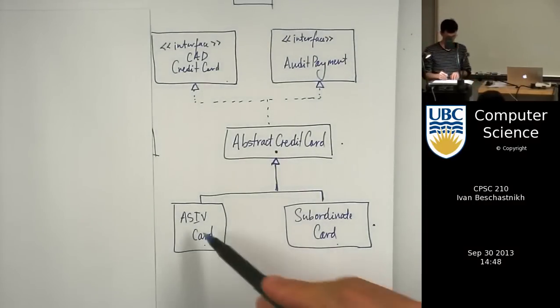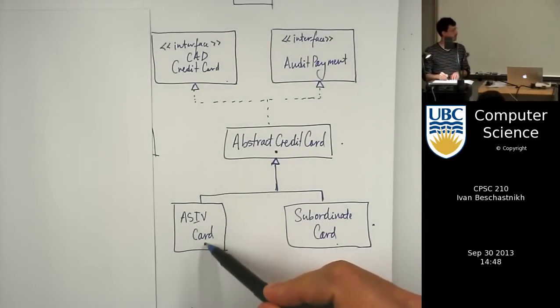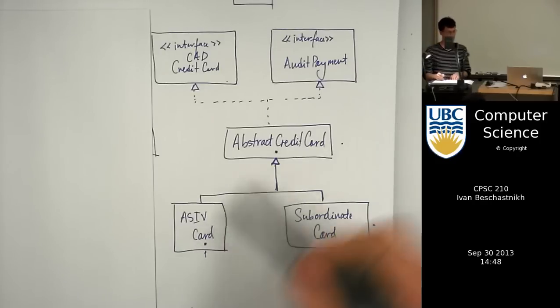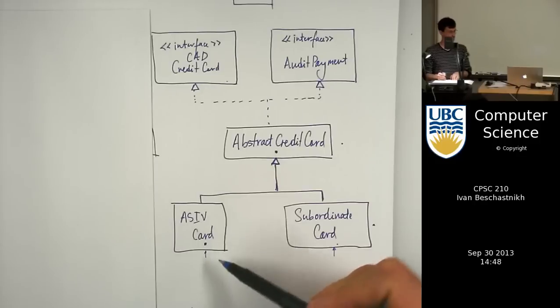So to review, at runtime, we had one of two actual types. We were either here in ACID card, or we were here in subordinate card. And so when we invoked the method on ACID card, we chose the implementation that was closest to our actual type.